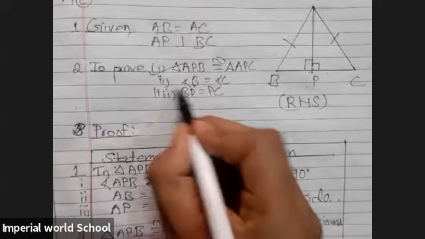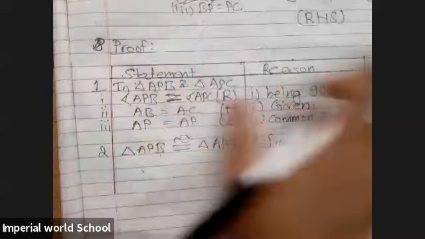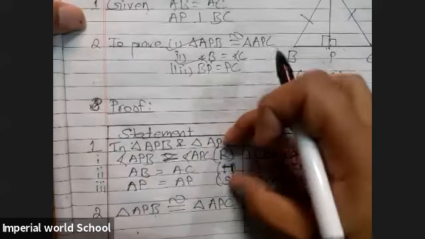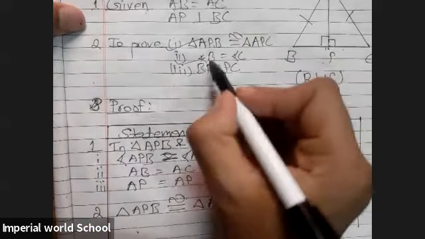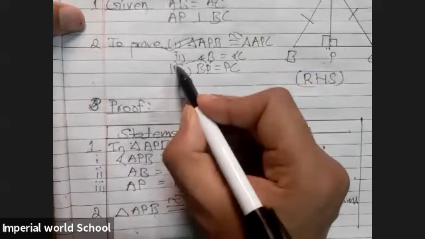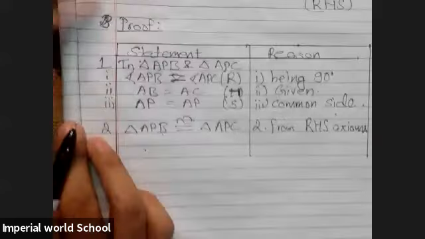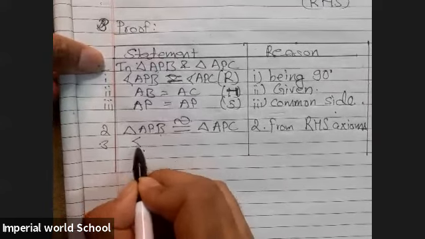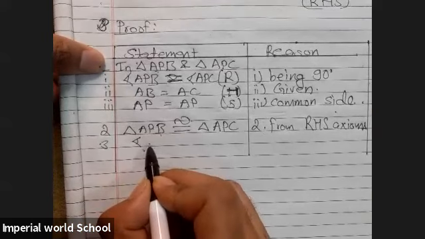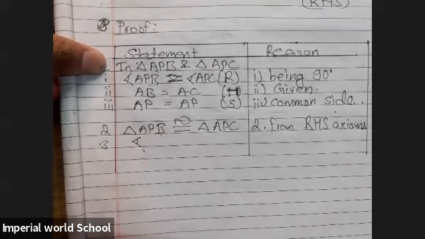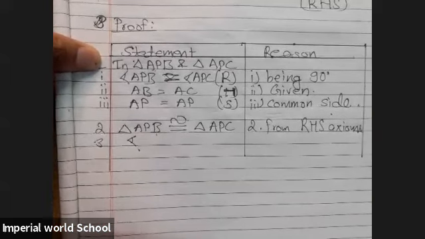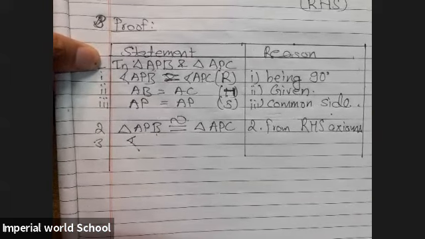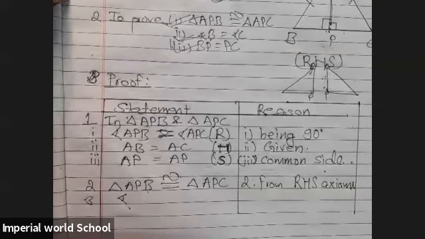Now copy this one, the same thing you can copy after this. After these 3 main steps, you get permission to write all of this, whatever they have asked us to prove. So I am writing.